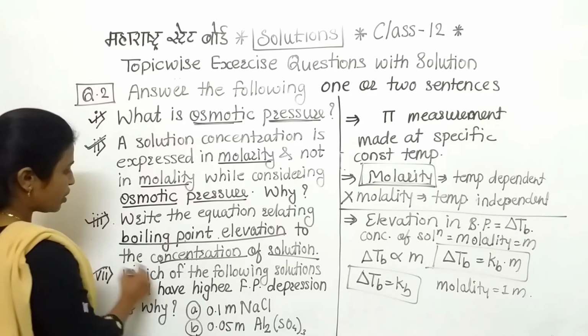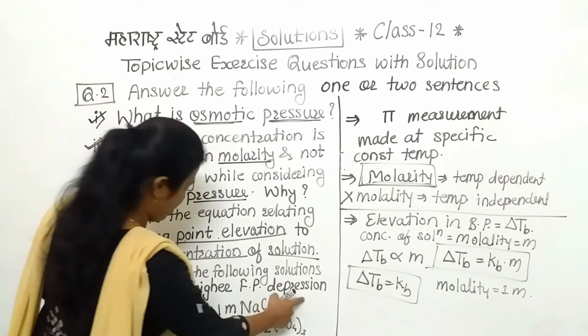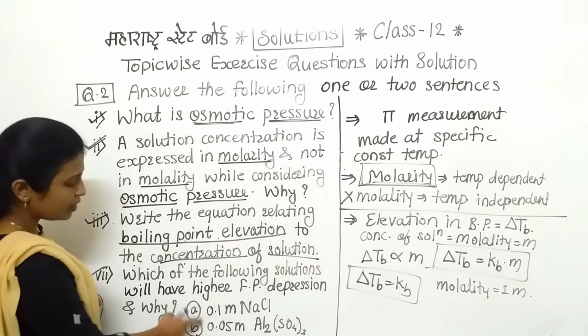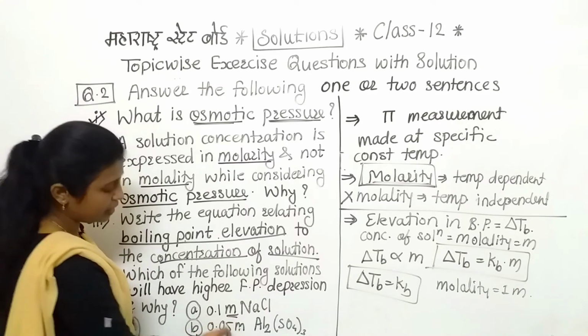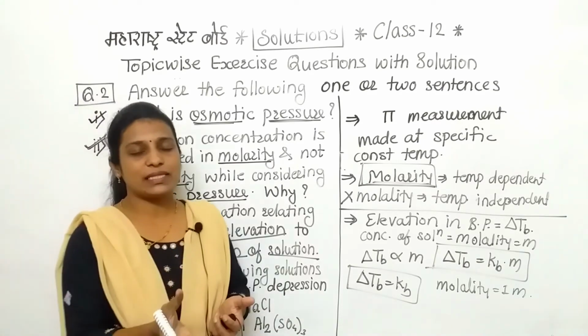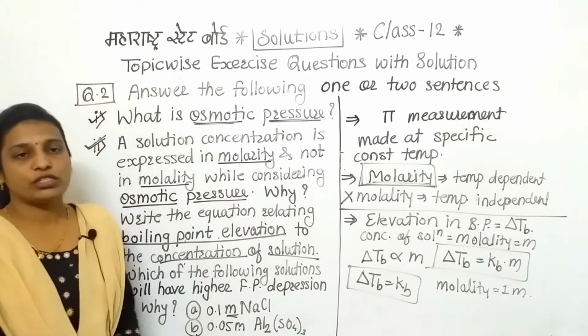Next question. Which of the following solutions will have higher freezing point depression and why? They have given two solutions in moles: NaCl 0.1 mole and aluminum sulfate 0.05 mole.